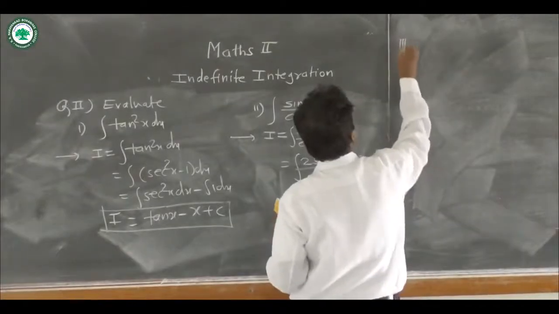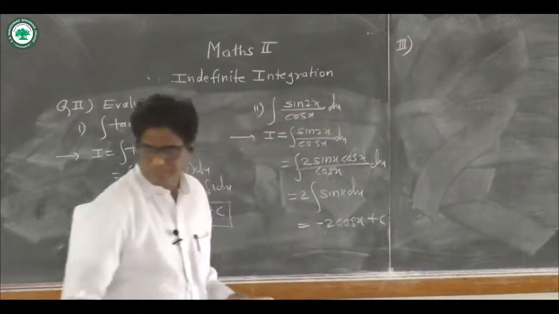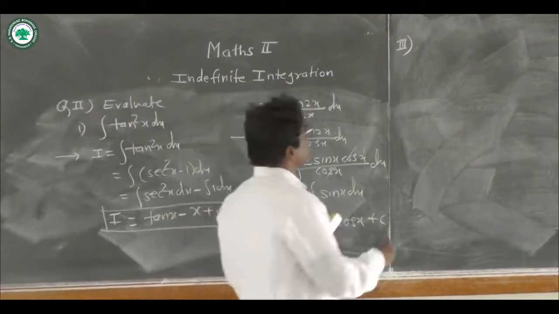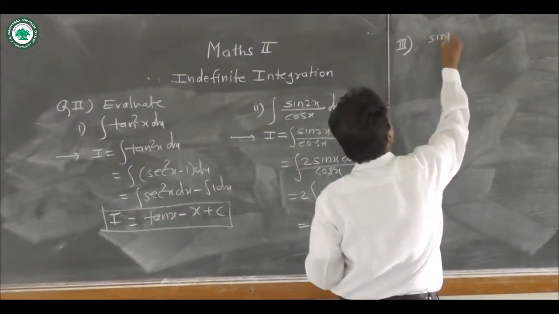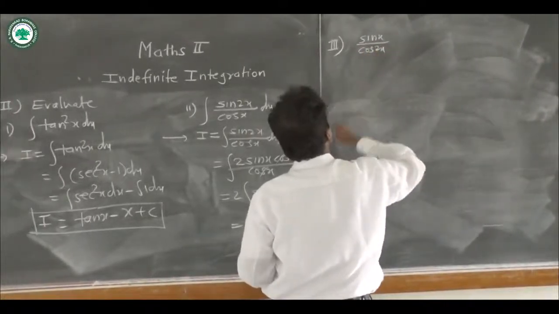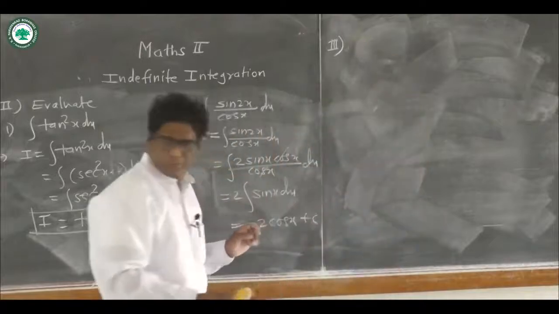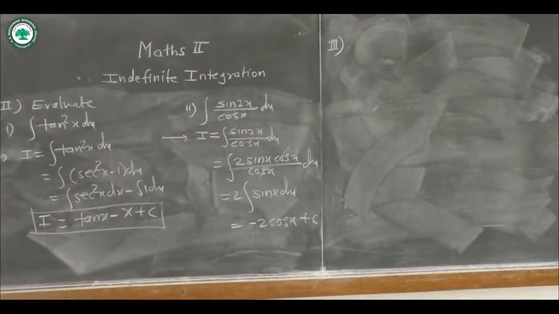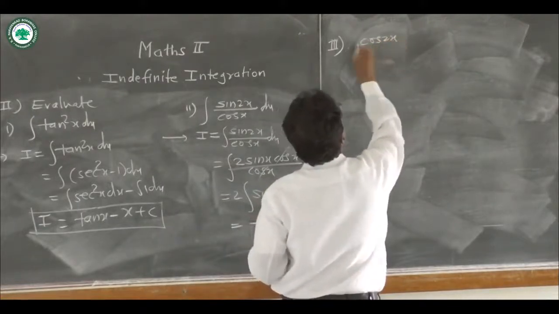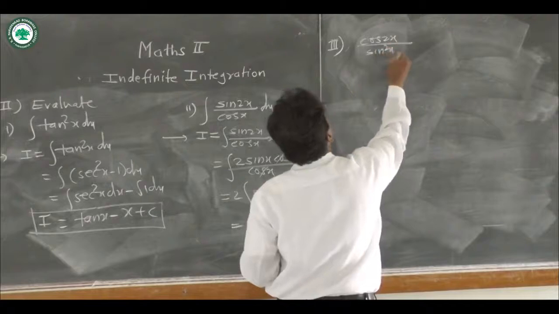Now here, the third problem: cos of 2x upon sin square x.